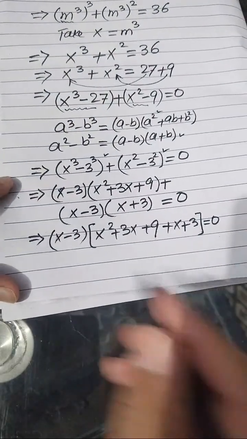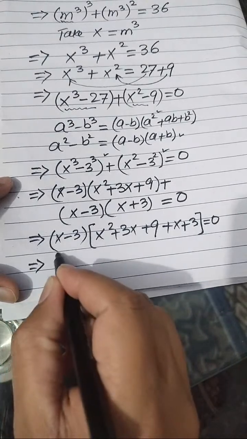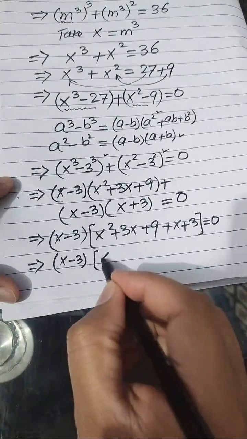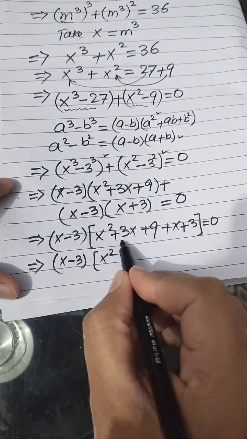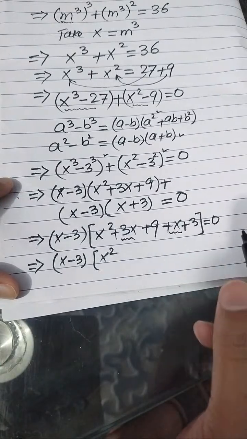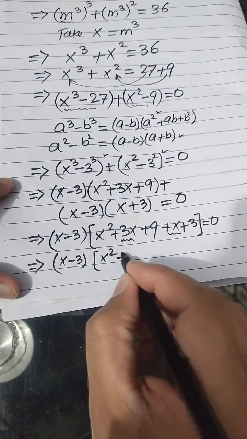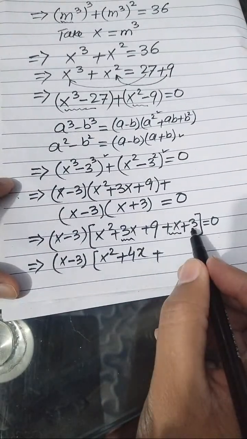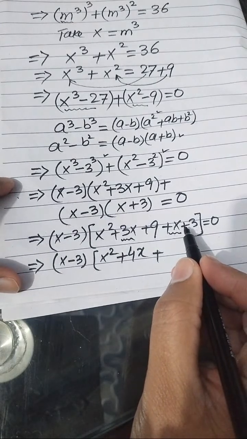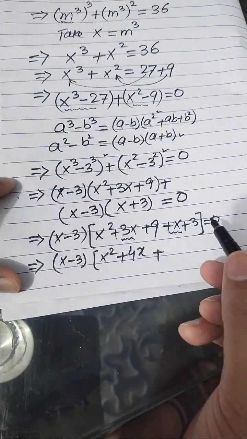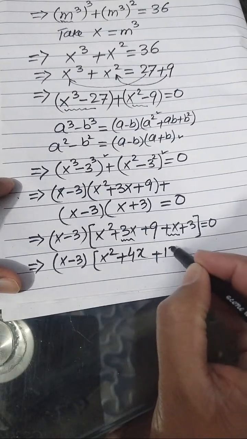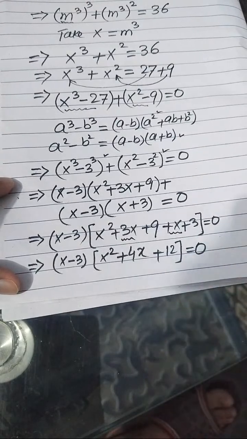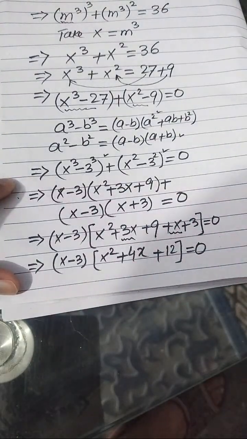Now we can simplify the term. We have x minus 3 times x squared. We add 3x and x, so this becomes x squared plus 4x, and 9 plus 3 is 12, so x squared plus 4x plus 12 is equal to 0.